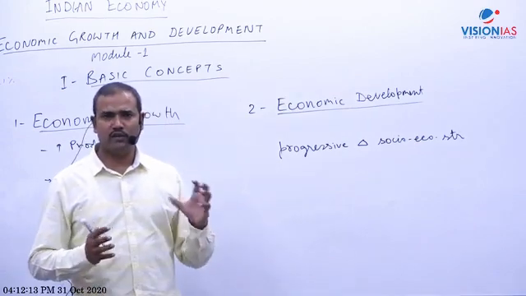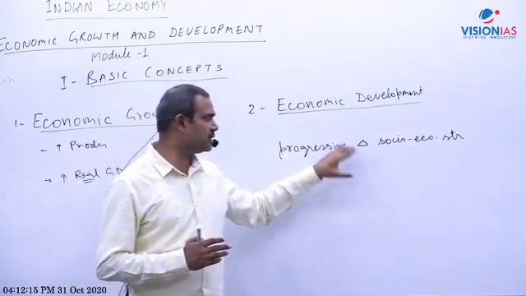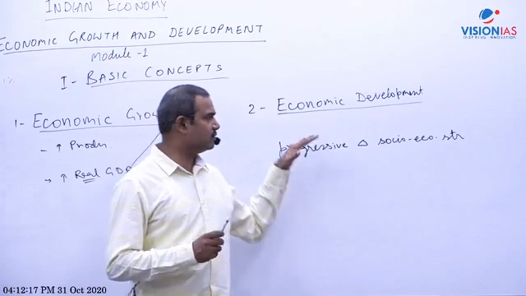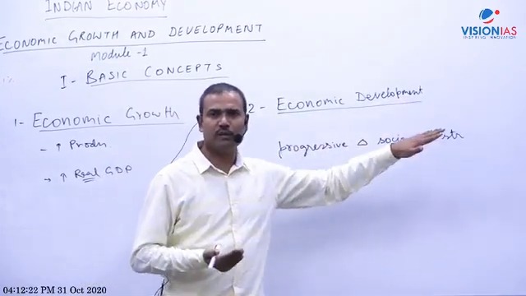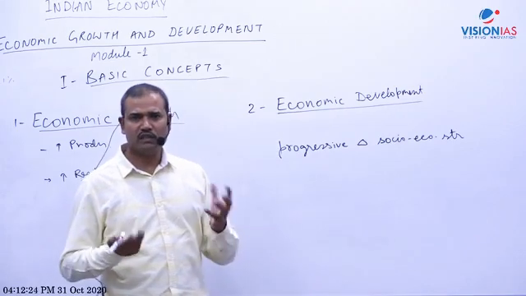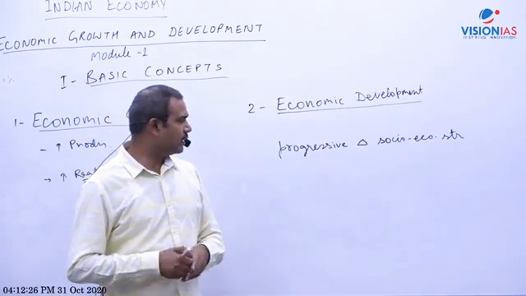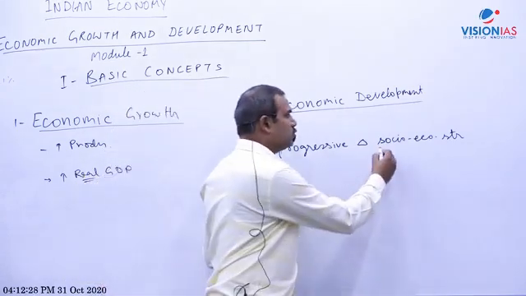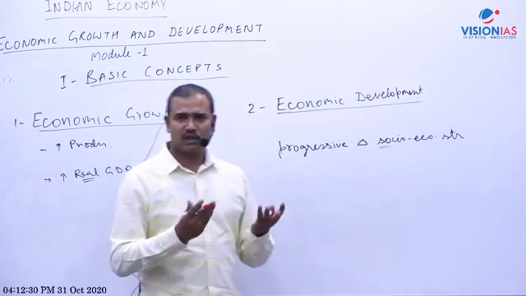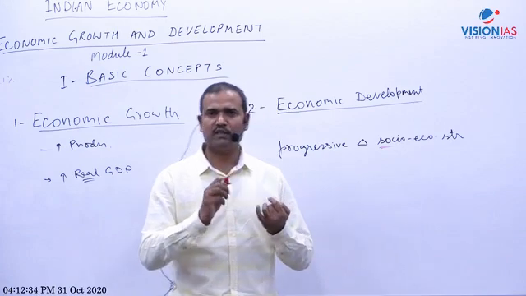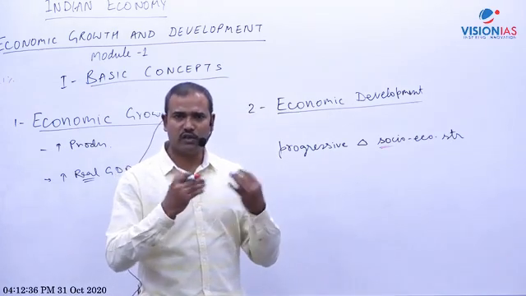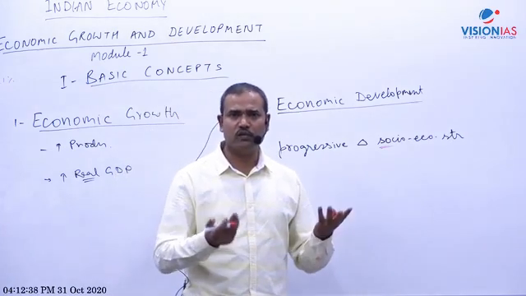Can we say both definitions are similar or different? The first definition is a process of growth accompanied by improvement in the well-being of people, so both are obviously the same or similar. What are progressive changes in the social structure of an economy? Social changes like reducing poverty, everybody getting access to basic amenities, and the level of education, health and services improving.